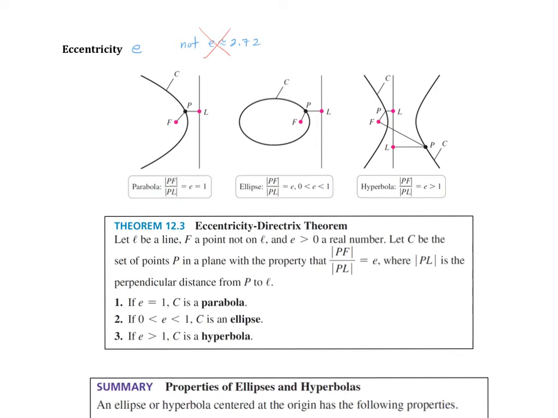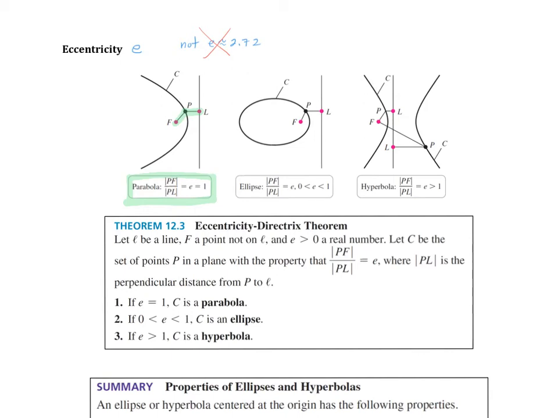In the case of a parabola, see we have this point here. If we look at the distance from a point on the parabola to the foci, it's going to be the same distance to the directrix. So in that case, our eccentricity, which is the ratio between these two, distance from foci over distance from this line, is going to be 1.